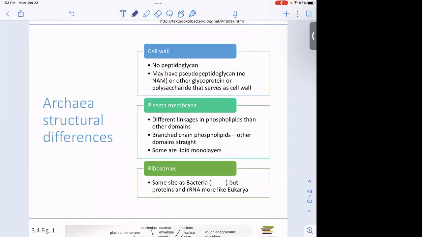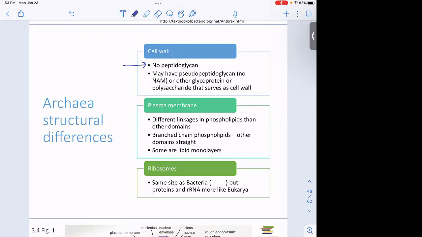All right, so that's pretty much structures of bacterial cells. Just to point out a few differences between the Archaea and the bacteria domains. This is just a few. There are some other structures that the Archaea can make that we're not going to bother to get into here. One big difference is the cell wall. Remember, we said it's only the bacteria domain that has peptidoglycan in the cell wall.